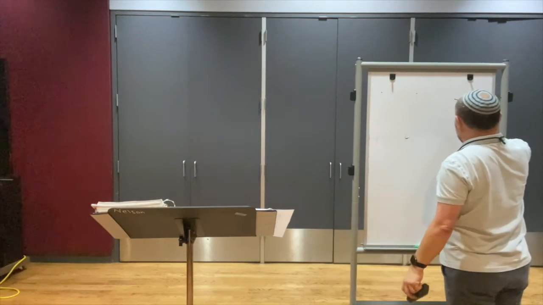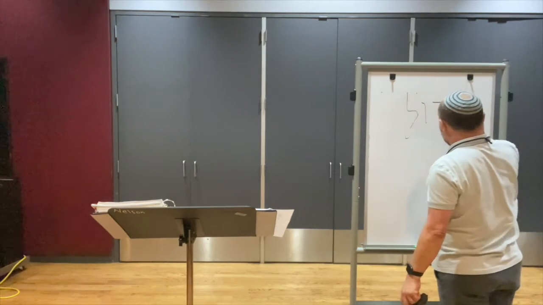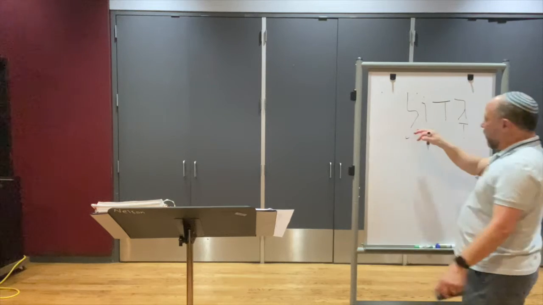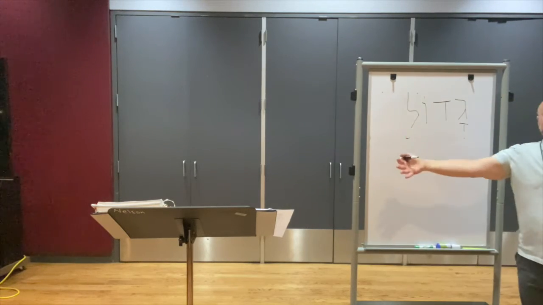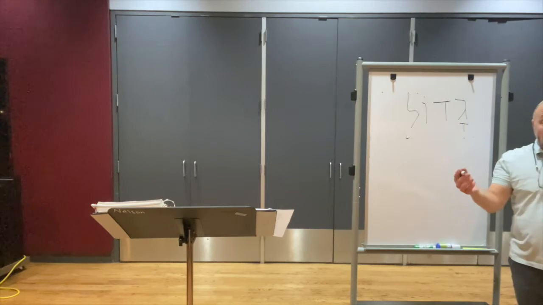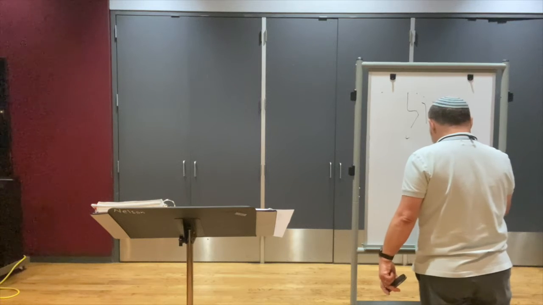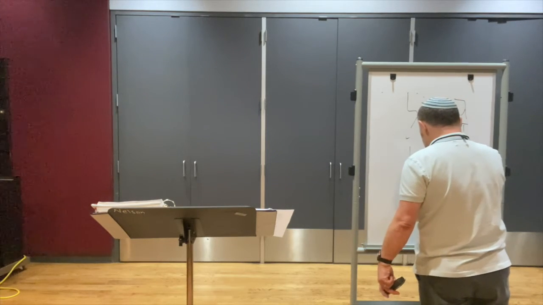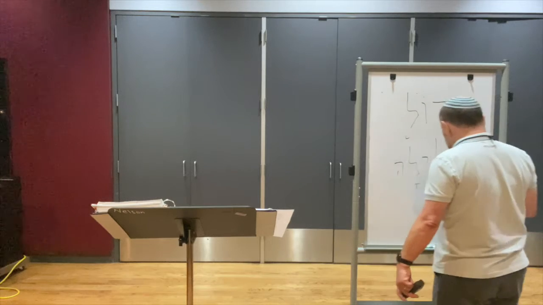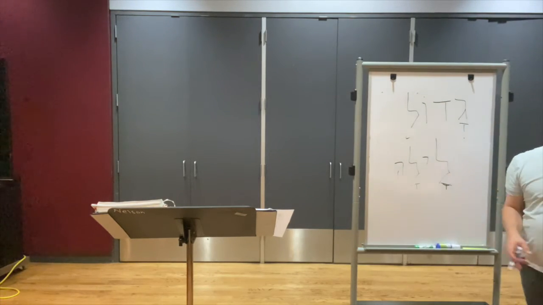So we had the word gadol, okay? So the L is at the end. It's just a consonant sound. Gadol. Or you could have this word. This is a little bit confusing, but this is the word lila.